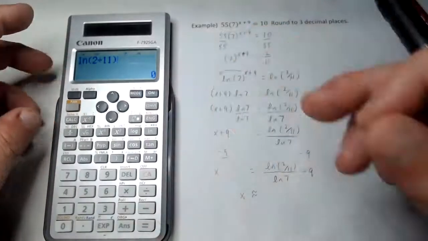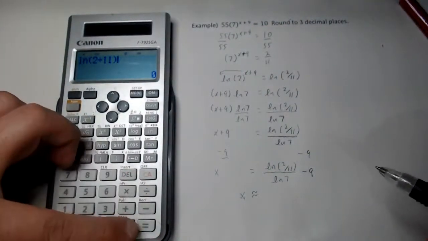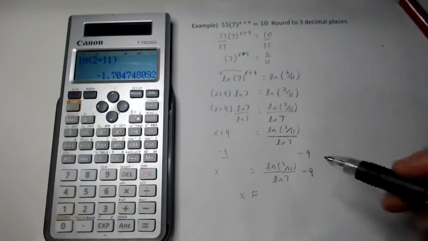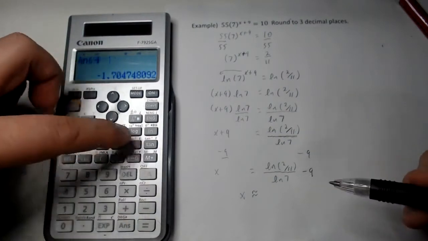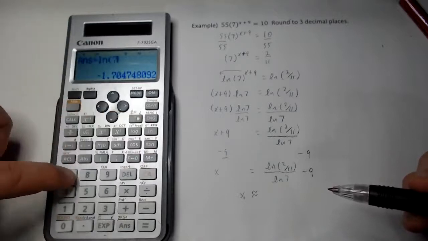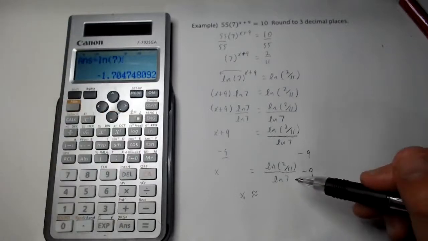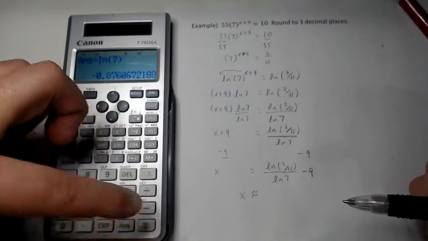You can hopefully see. I'll hit enter or equal. And that's done. Now we'll divide by the natural log of 7. Enter or equal.